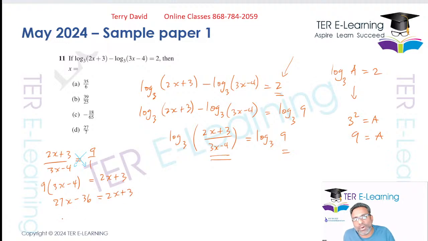Therefore 27x minus 2x is equal to 3 plus 36. 27 minus 2 gives me 25x is equal to 39. So therefore x is equal to 39 over 25.